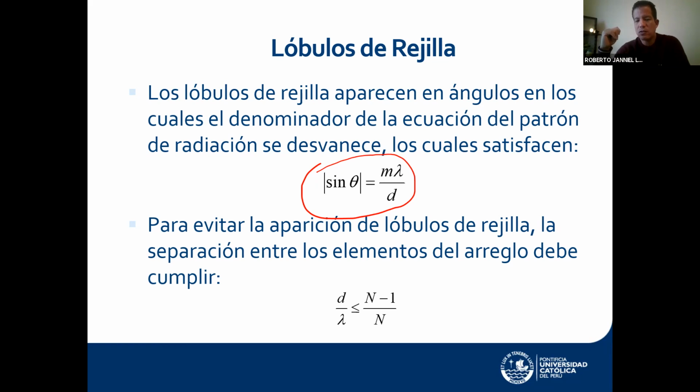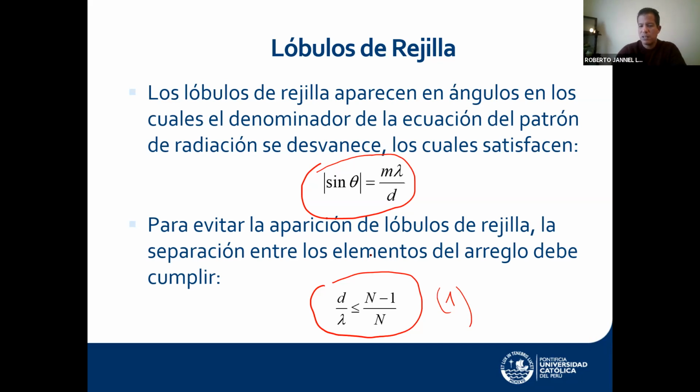That's the reason why, in order to not have a grating lobe whatsoever, people came up with this rule over here where d divided by lambda is less than or equal to (n minus 1) divided by n, rather than less than or equal to 1, which is something you would probably guess from this equation over here.